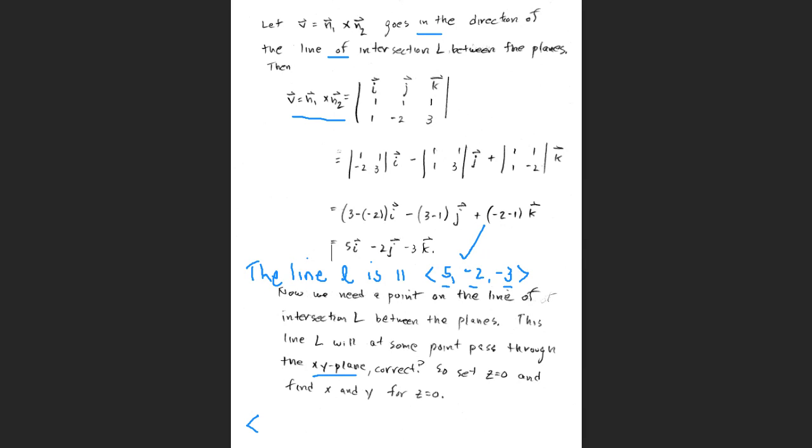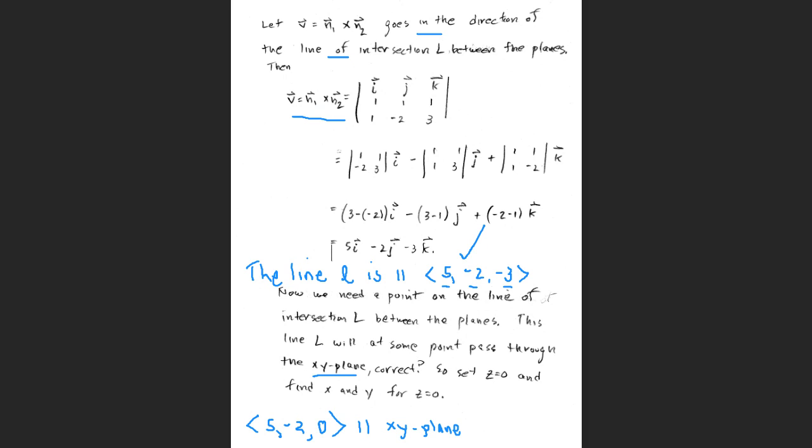So if you had the vector 5, -2, and 0, this vector would be parallel to the XY plane.